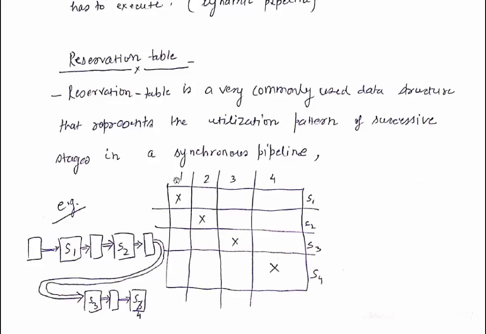At time step 1 your stage 1 execution is in progress. At time step 2 stage 1 has completed, and now it is input to stage 2, so stage 2 is executing. After that stage 3 will be executed at time step 3, and thereafter stage 4 at time step 4. So this is an example of a linear synchronous pipeline where all the stages execute in a pipeline fashion, in each time step.